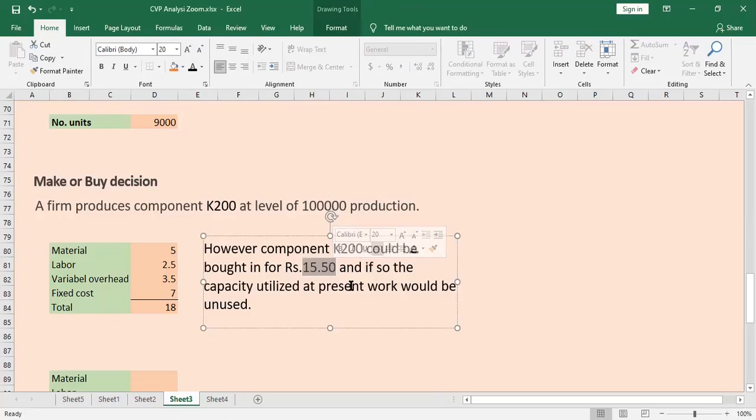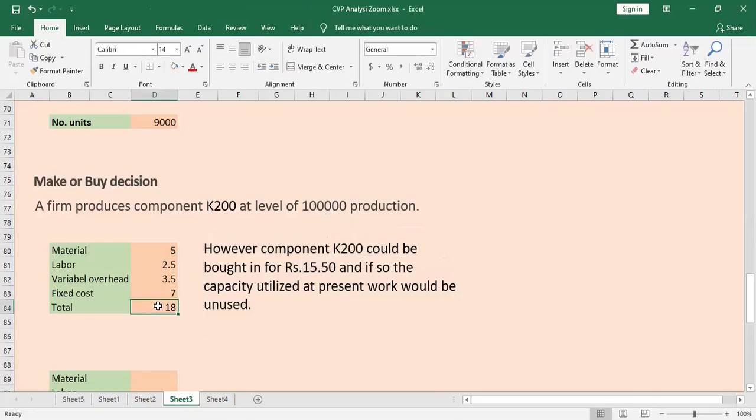But again, in this particular decision, you will have to recall the relevant and irrelevant cost. When we discussed relevant and irrelevant cost, we said it purely depends on the situation or the particular decision you are going to make. Here, what is the decision? Whether we are going to buy it or make it. If you make it, you bear 18 rupees.